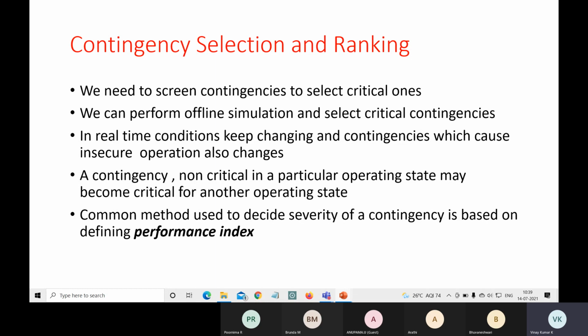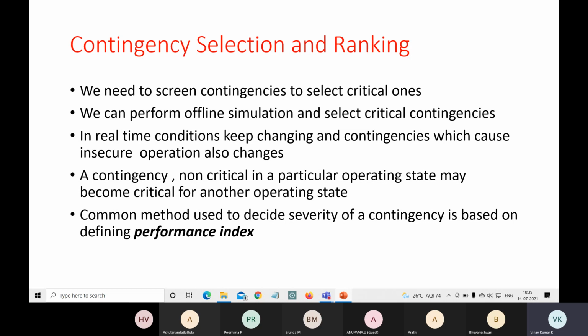Offline simulation, as we know, is bringing the whole thing into our system using software, or you can also use different software tools that we have: MATLAB tools, Multisim tools, National Instruments' LabVIEW, Opal-RT.